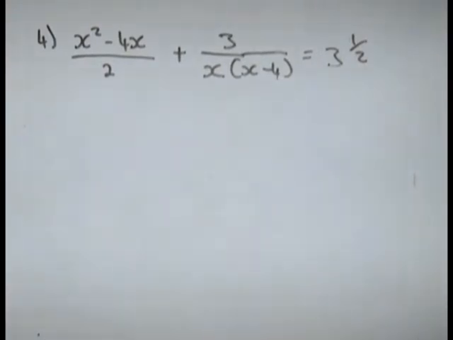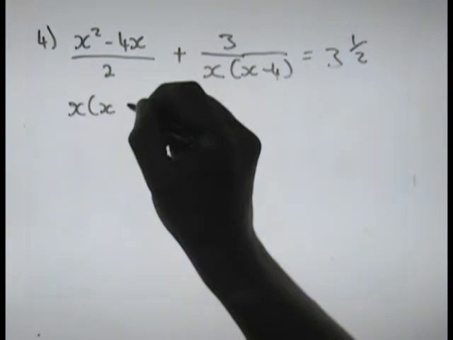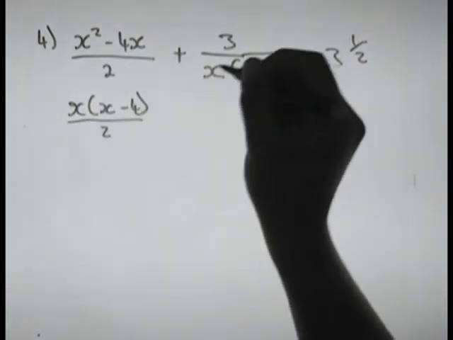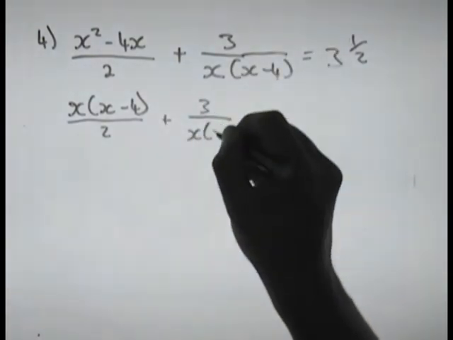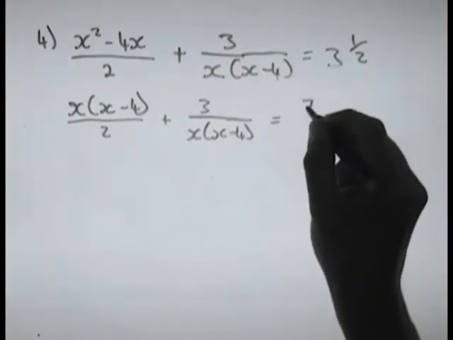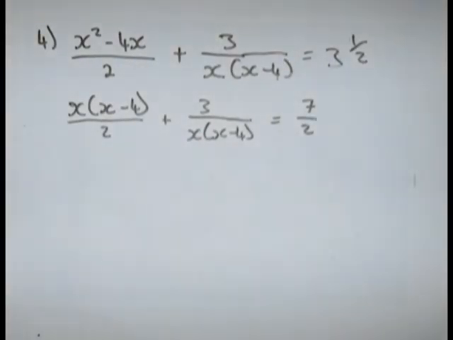Number 4, redo. X squared minus 4x over 2 plus 3 over x minus 4 is equal to 3.5. I'm going to start by simplifying this. This is going to become x multiplied by (x minus 4), taking out a common factor of x there, divided by 2 plus 3 over x minus 4 is equal to 3.5, which is the same as 7 over 2. 2 times 3 is 6 plus 1 is 7.